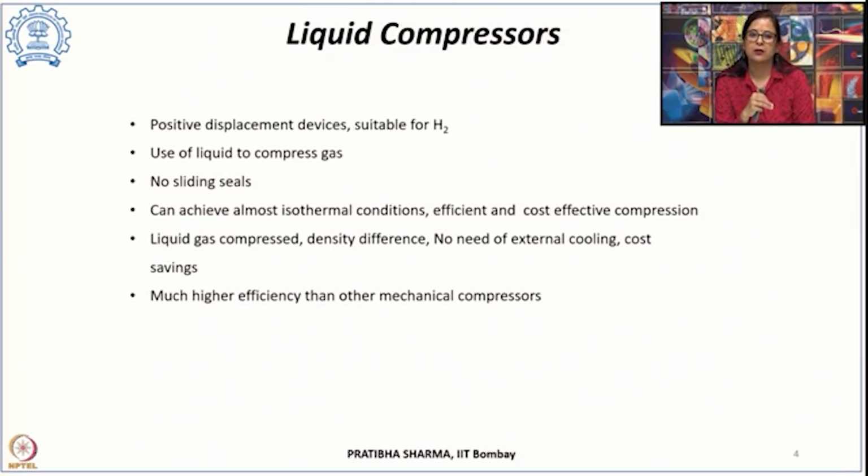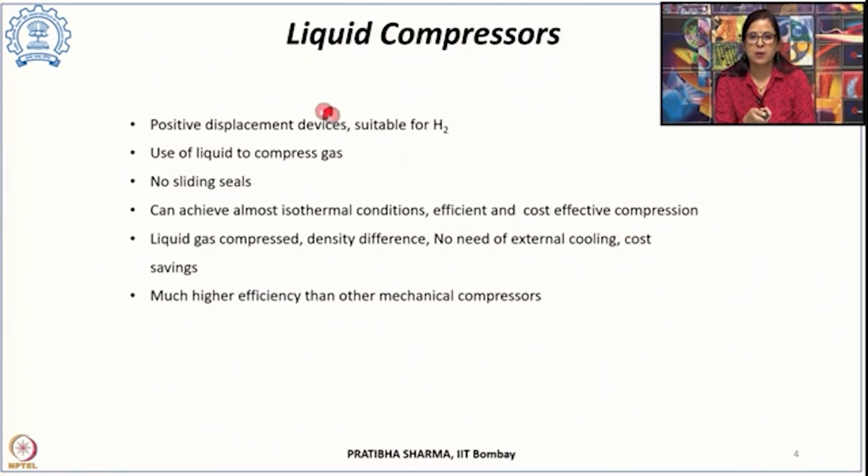As such, this type of compressor operates under almost isothermal conditions. Since they operate under near isothermal conditions, the required work of compression is lower, they have a better efficiency, and the process is more cost effective than the other reciprocating types of compressors we have learned so far.